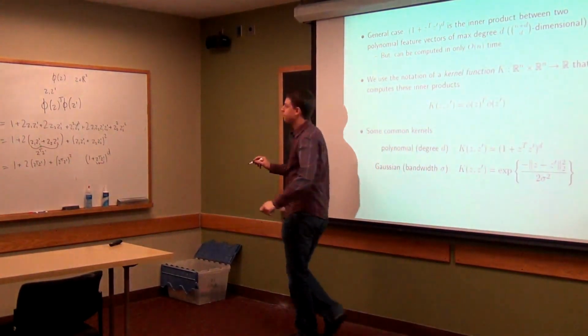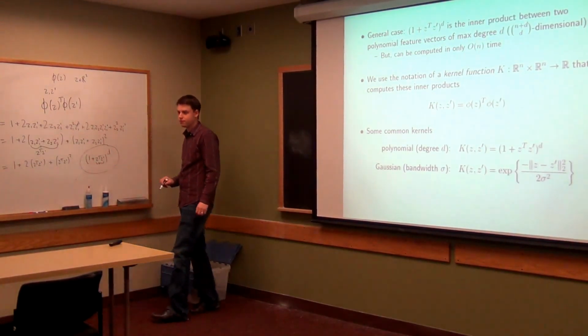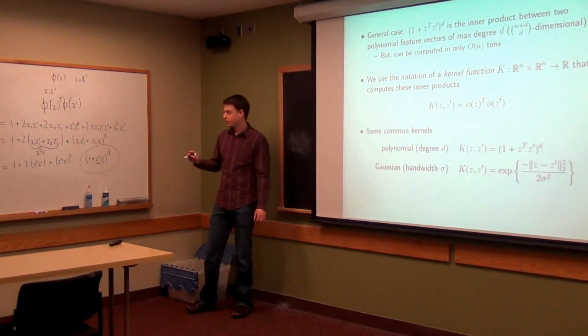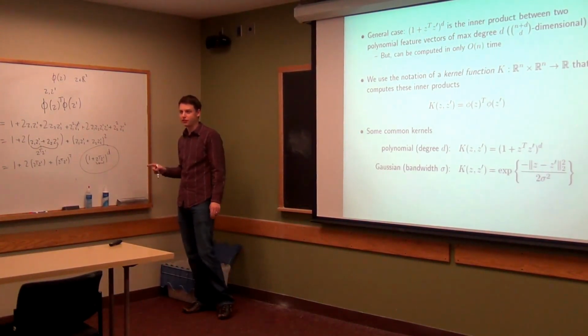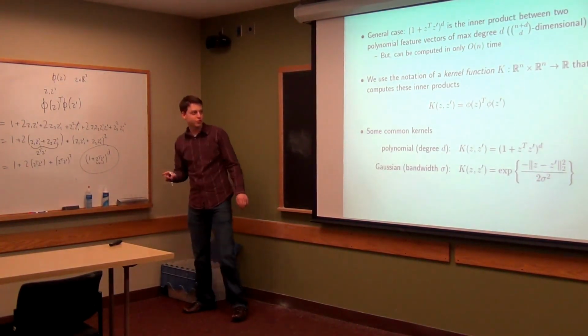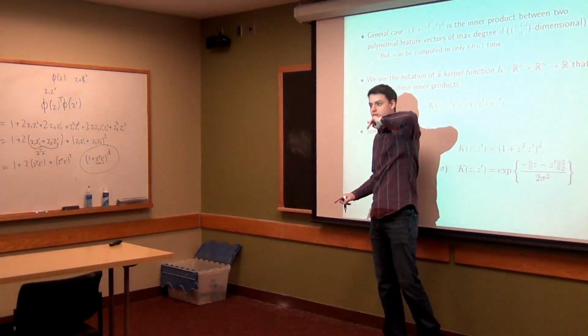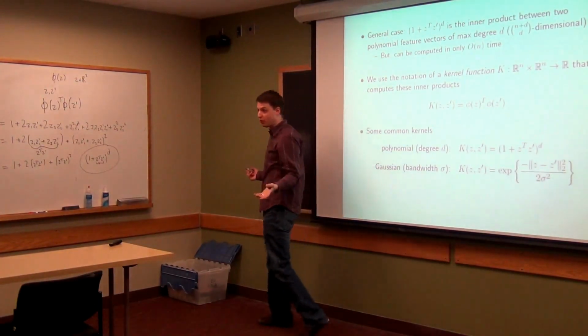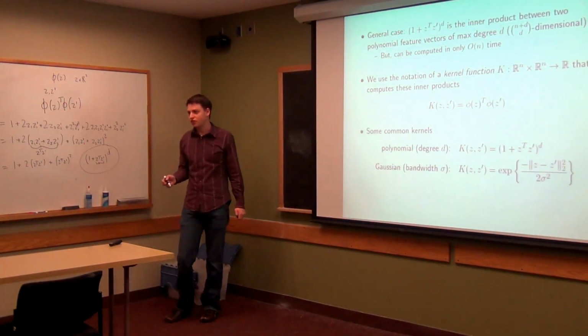So this term is the inner product of two very high-dimensional feature vectors, of dimension n plus d choose d, but we can compute it in time that's only n operations.